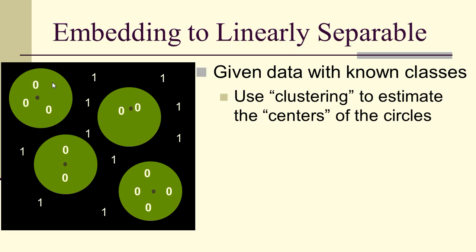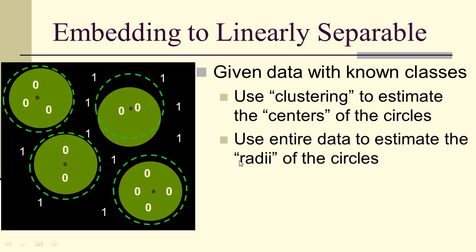So we use clustering to infer what the centers of some circles might be, and then we can estimate radii. So if somebody told us this was 4 circles, we don't know exactly what size or shape they are or where they're located, but we know there's 4 of them.